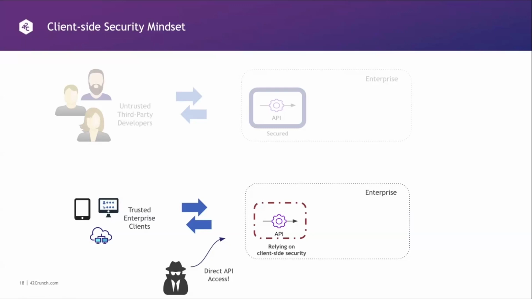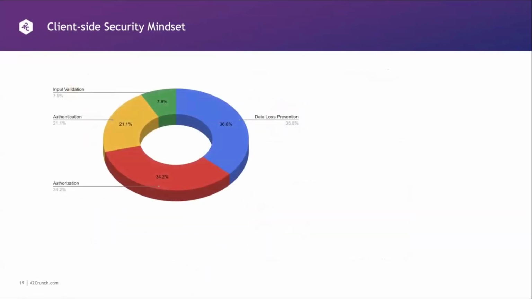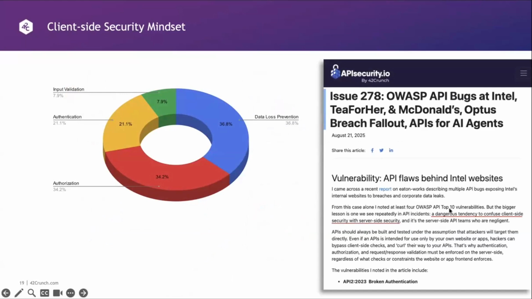We found this in about 20% of all of the cases we covered, whereby the front end had authentication enforced in the mobile app, but when you went to the API, it's not checking for access tokens or sessions or anything like that. A good example of it was an Intel website.